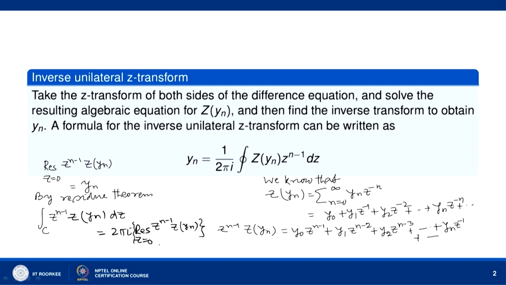So, this is equal to 2 pi i into y n, and hence y n is equal to 1 over 2 pi i integral over C Z to the power n minus 1 Z of y n dz, where C lies in the region of convergence of Z of y n. So, this is the inversion formula for the Z transform using calculus of residues.